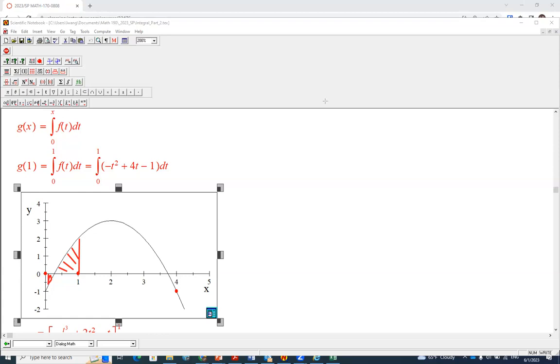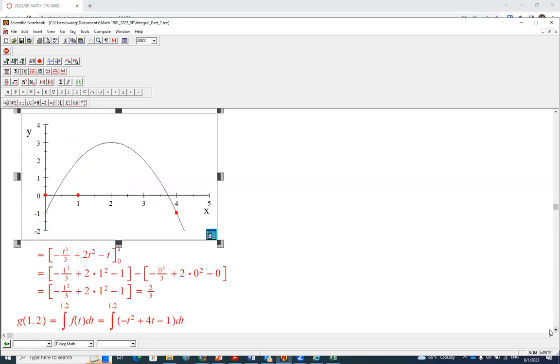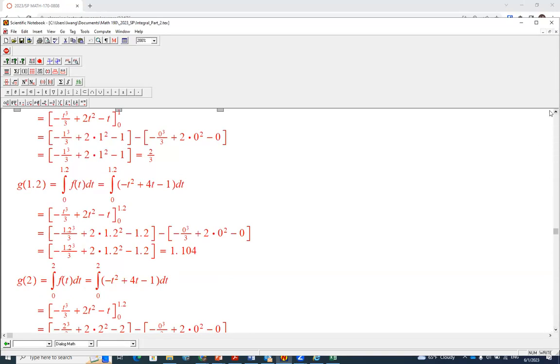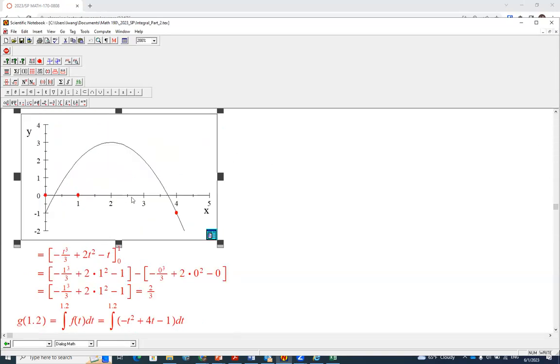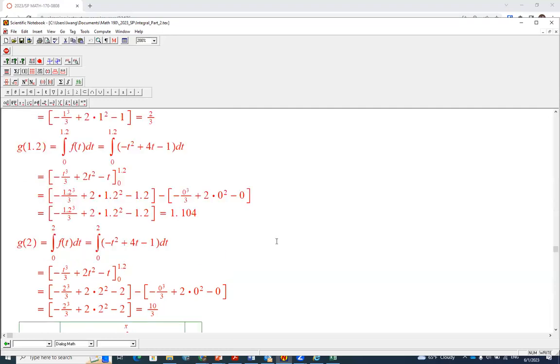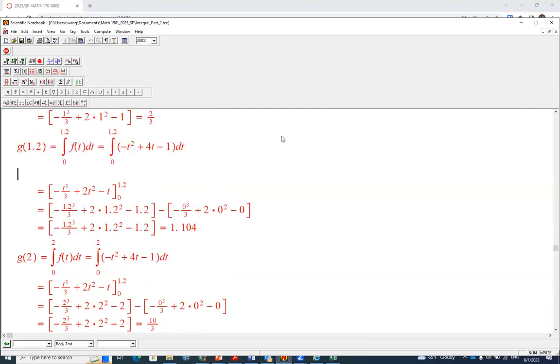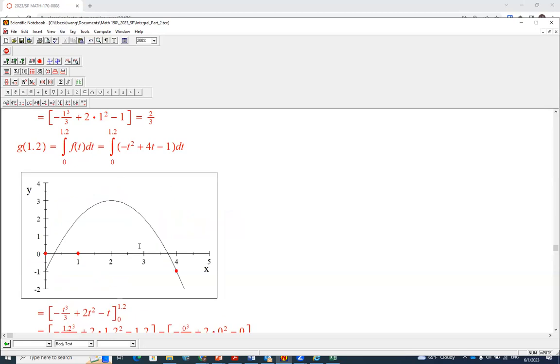Now how about from 0 to 1.2? That's the area between the curve and the x-axis.